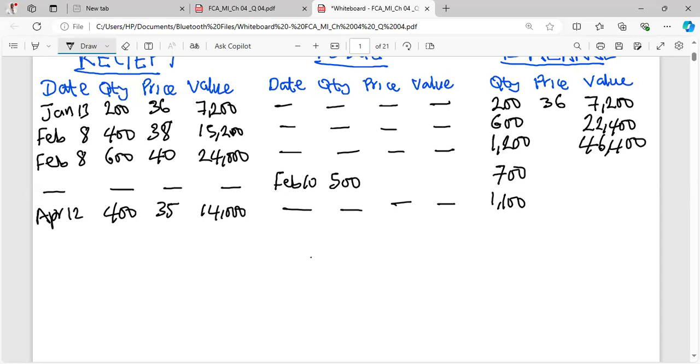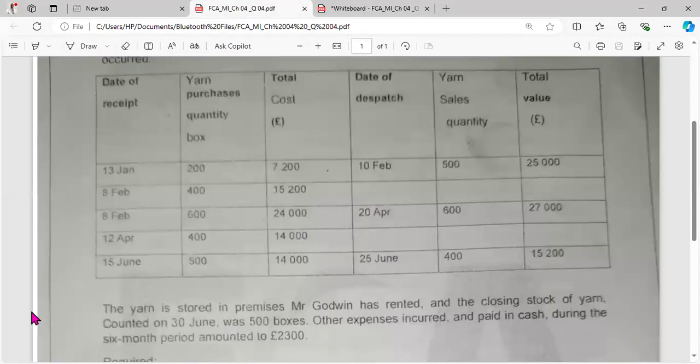Then the next thing is to get the next date. After April 12 is April 20, 600. Now, we are not going to be looking at these values here because this is a selling price. We won't be issuing at selling price. These are the prices we sold them. We're looking at the costs, what it cost us when we issued all of this. So we are looking at 20th of April, there was an issue of 600.